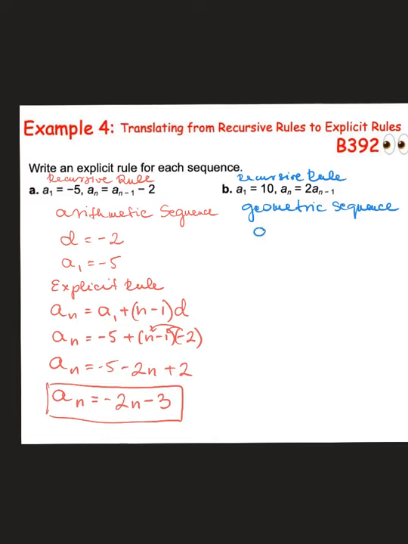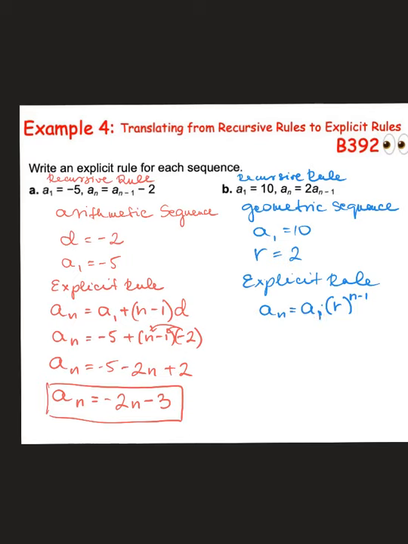So I know the first term is 10, and the common ratio is that multiplier of 2. So to write the explicit rule for a geometric sequence is a sub n equals a1 times the common ratio to the n minus 1 exponent.